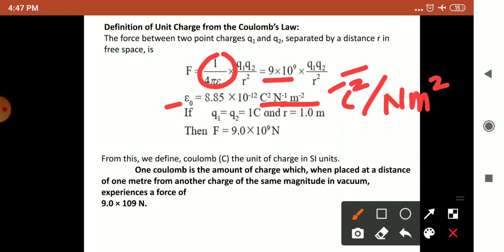So its inverse becomes Newton and meter minus 2.